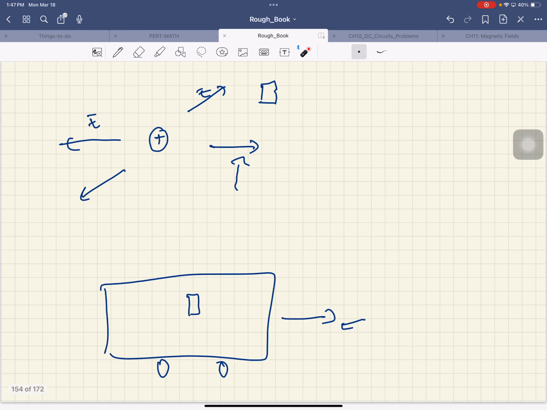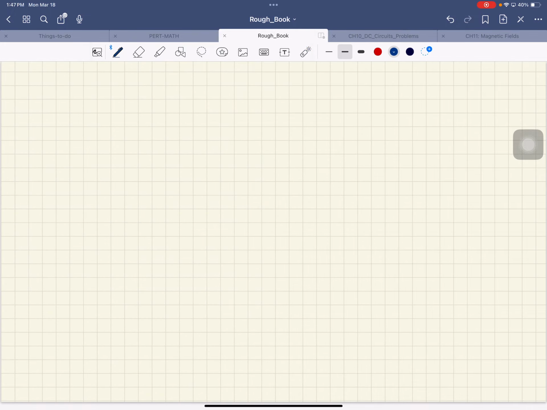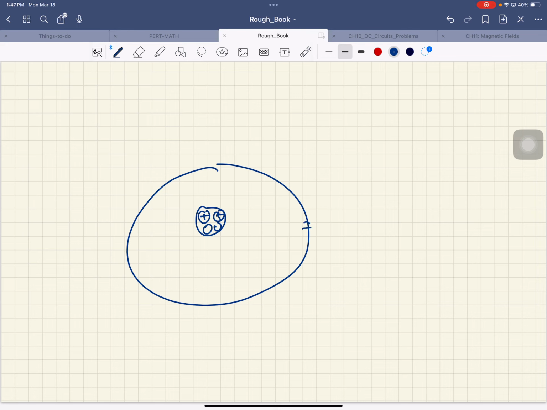Oops, I shouldn't have erased that. Here's an atom, a helium atom. Here's an electron going around in this orbit like that. That will produce a magnetic field. If you use your right hand and hold your fingers pointing in this direction, your thumb will point in the direction of the magnetic field.